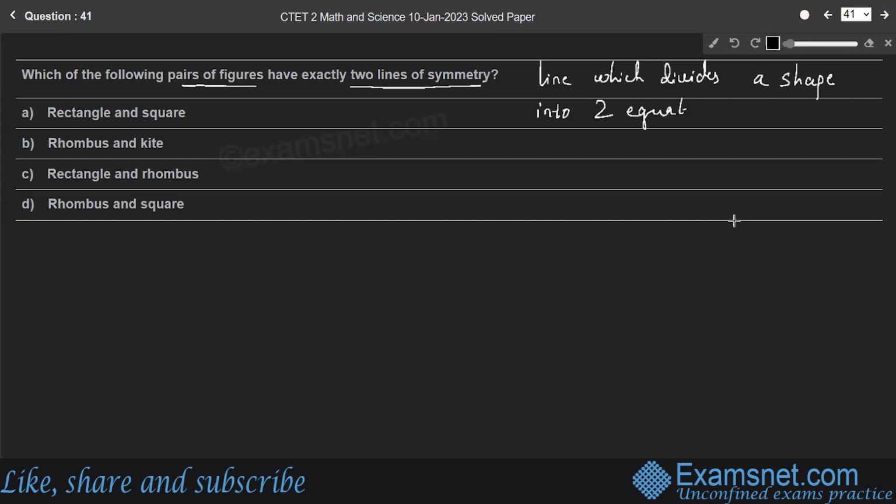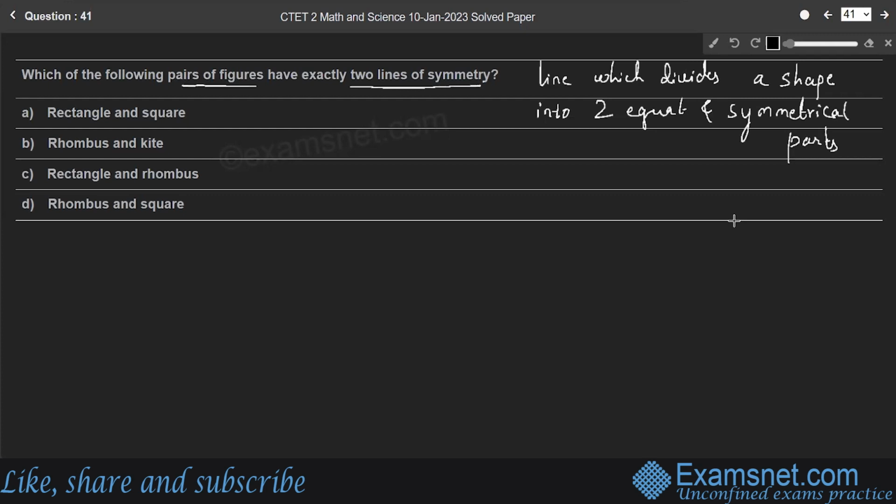So 2 equal and symmetrical parts. Symmetrical parts. So one line divides the shape into 2 equal parts. So there can be more than one line of symmetry, right, in a figure. So 2 equal and identical. So symmetrical means identical parts, right?